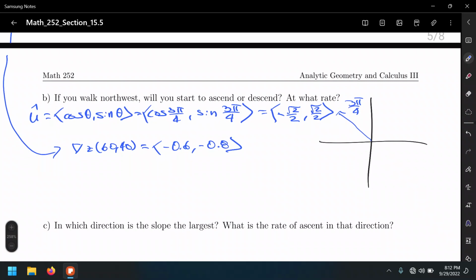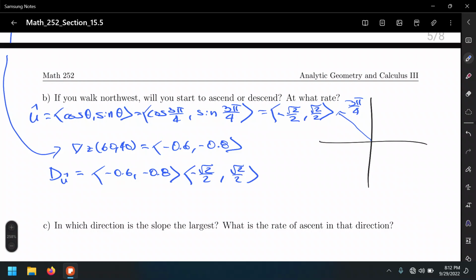So let's find the dot product for the directional derivative: negative 0.6 comma negative 0.8 dotted with the vector we just found, negative root of 2 over 2 comma root of 2 over 2.